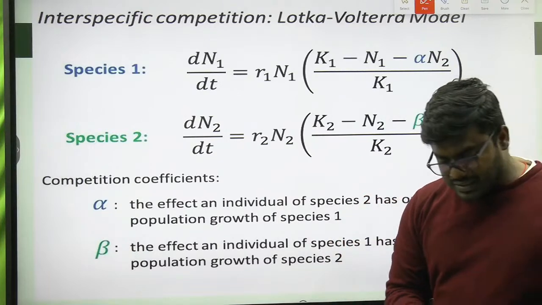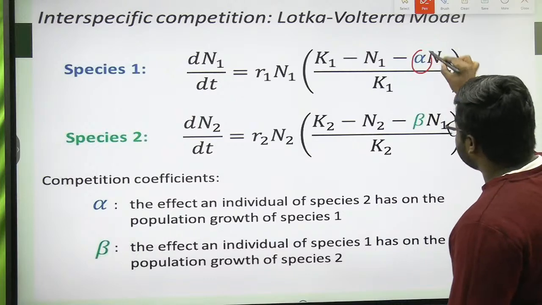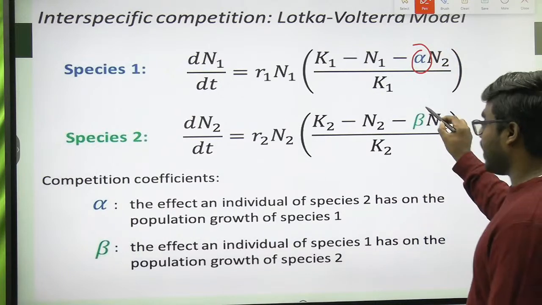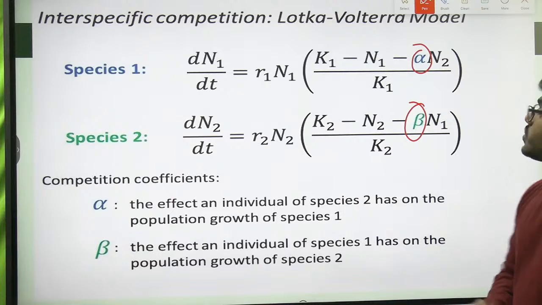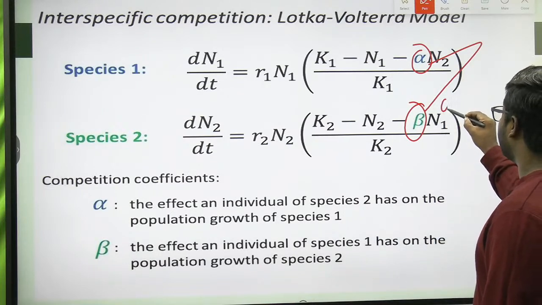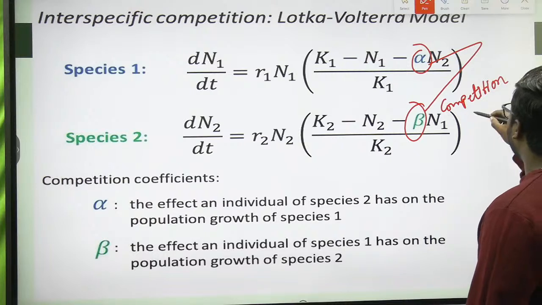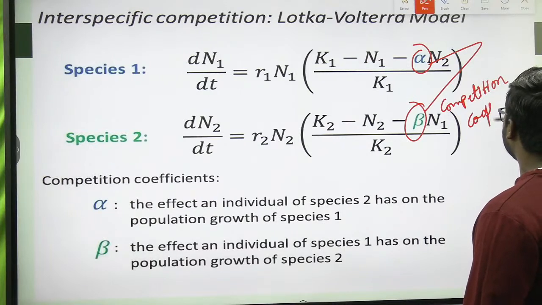What is that simple term that I have introduced? I can call it alpha, I can call it beta. So what I can call these, alpha and beta, all of you remember friends, alpha and beta, I will be calling competition coefficients.